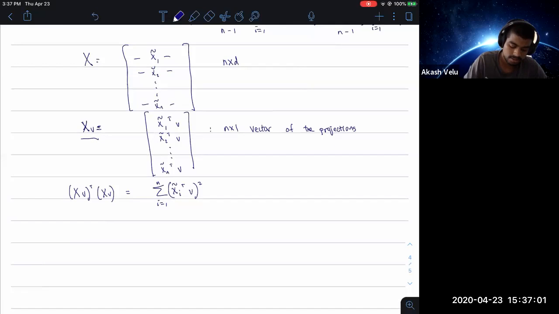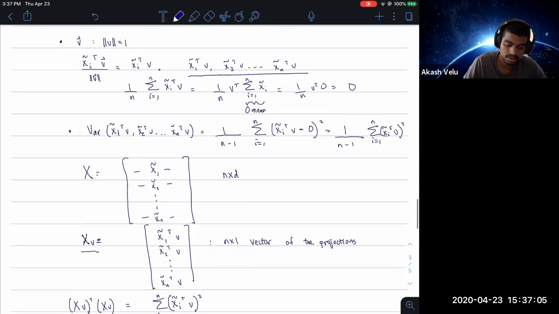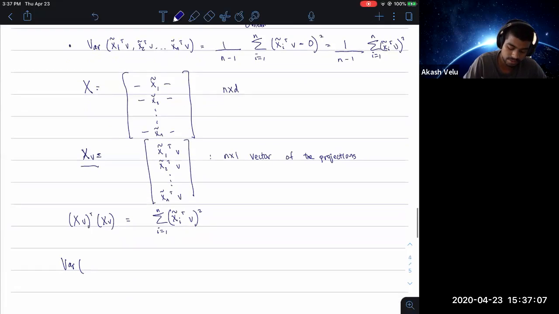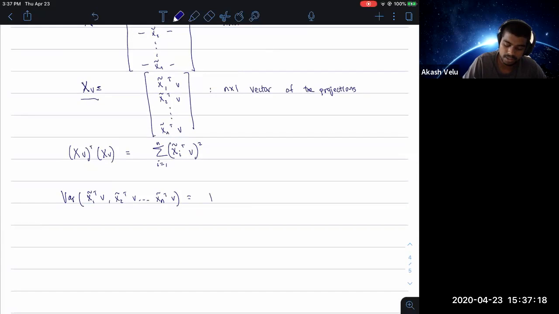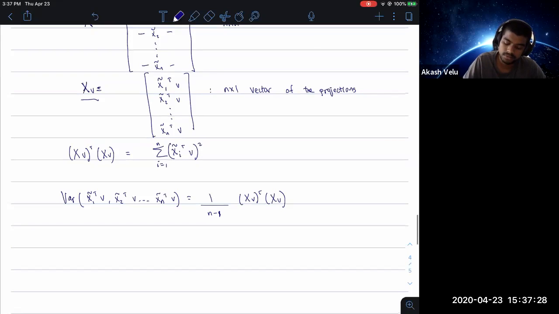So the variance of our numbers, the variance of all of our projections, is going to be the quantity 1 over n minus 1, so we're bringing back the scaling, times xv transpose xv, using the transpose rule.